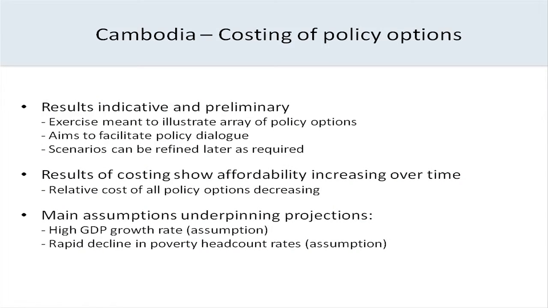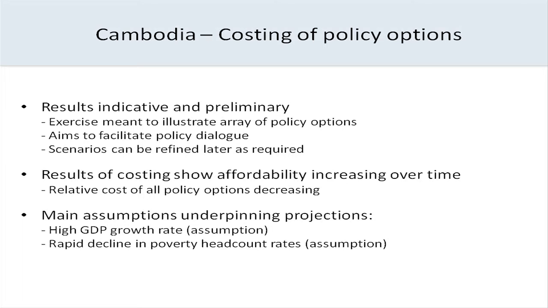So that's just for illustration. I have to say the results are indicative and preliminary. It's meant to provide some policy options for discussion and to facilitate the policy dialogue. Now these scenarios can be refined later as required.